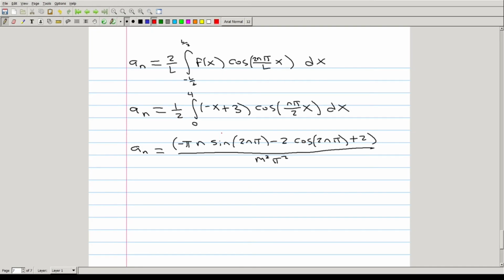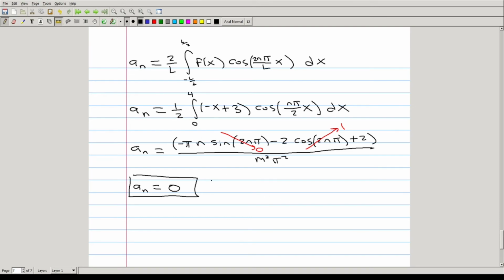And sine of 2n pi will always be 0. Cosine of 2n pi will always be 1. And so a n here is going to be equal to 0 for all values of n, because you get 2 minus 2, which is 0.